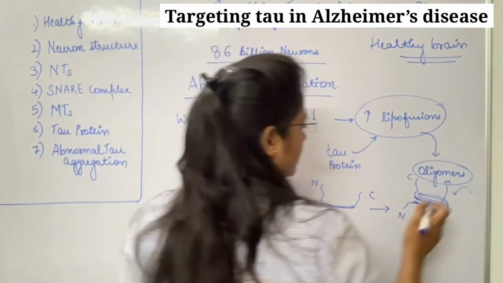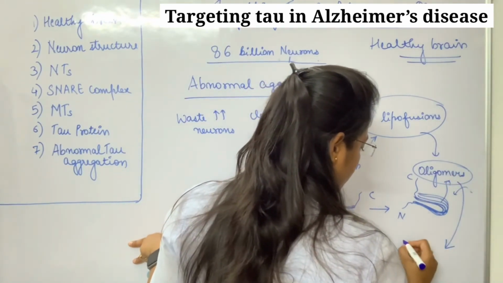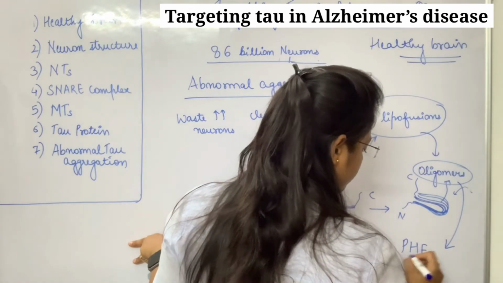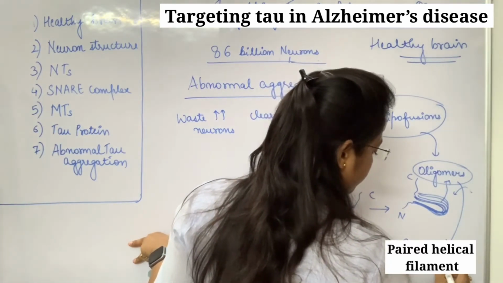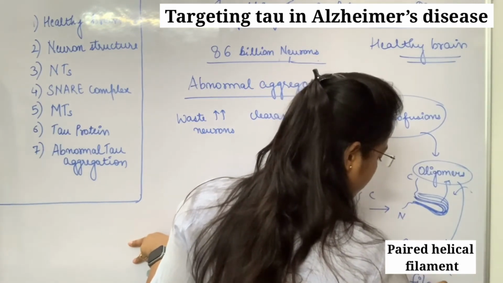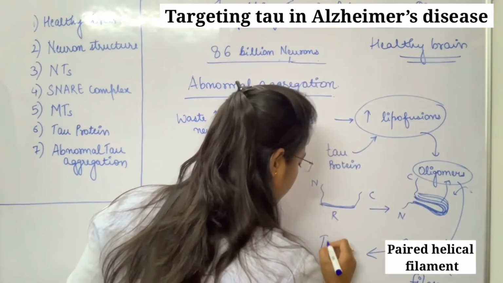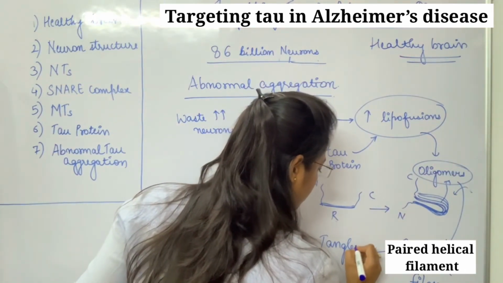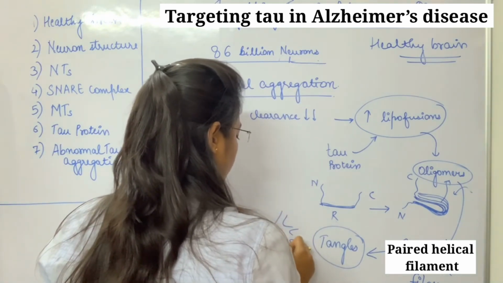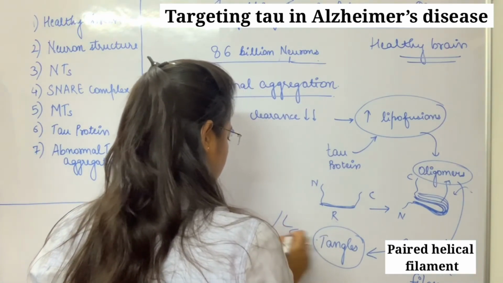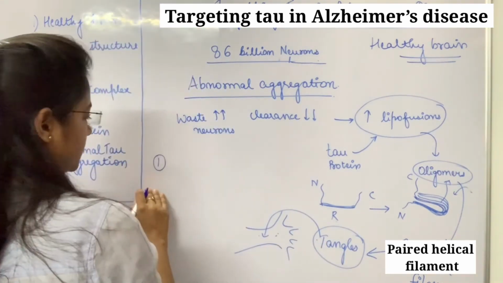Okay. Now these oligomers form PHF, paired helical filaments, which further form tangles. Now these tangles are aggregated in the neuron, and due to this, three things take place.